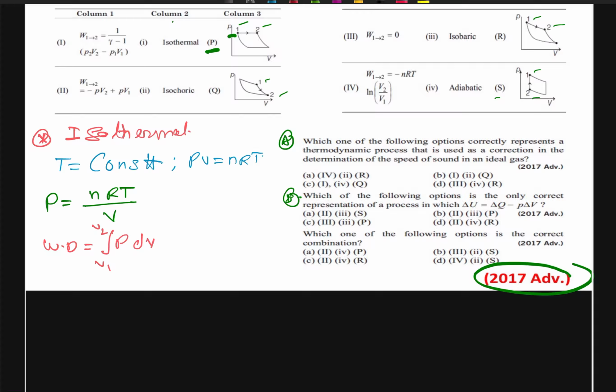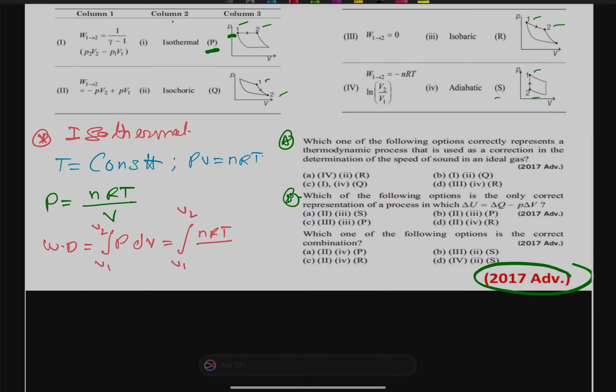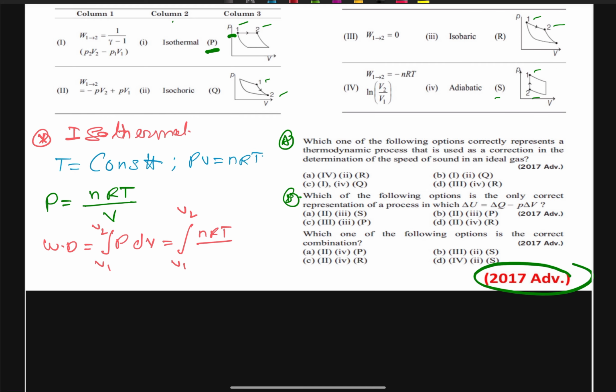P we already know, we substitute it and we get this as integration V1 to V2, nRT over V, dV.